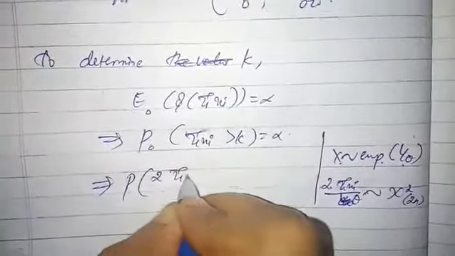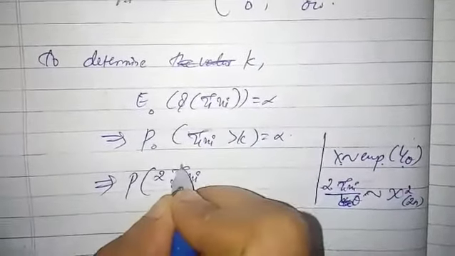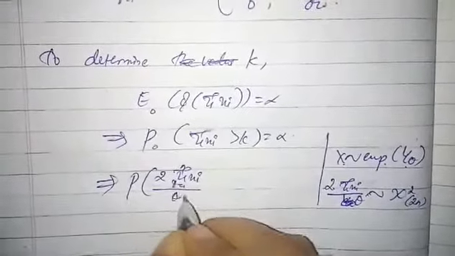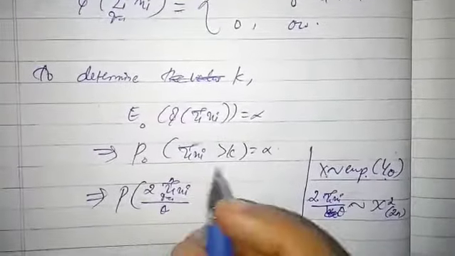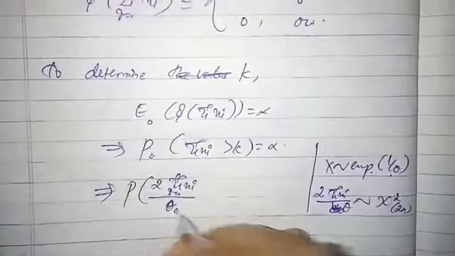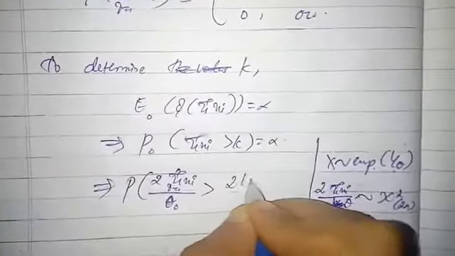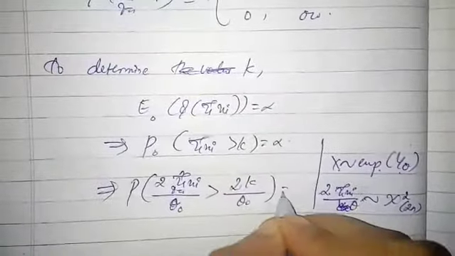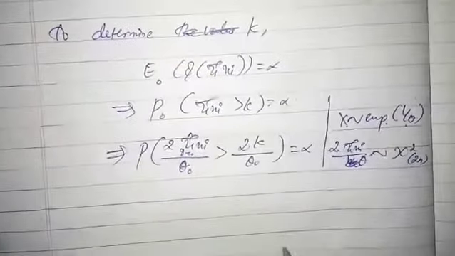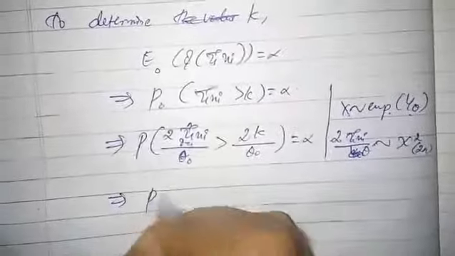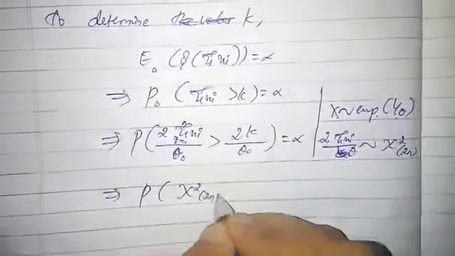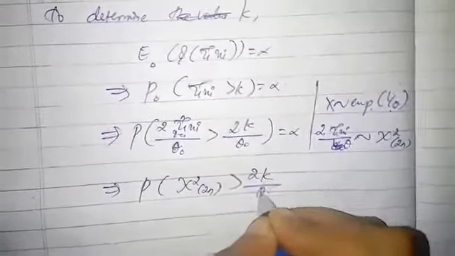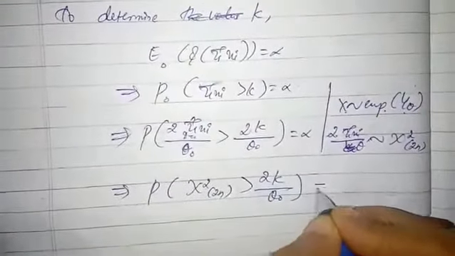That means the probability of 2 times summation i = 1 to n of xi divided by theta naught, the size under the null hypothesis, that is theta naught, is greater than 2k divided by theta naught, which is equal to alpha, right. Which implies the probability of chi-square 2n greater than 2k divided by theta naught equals alpha.